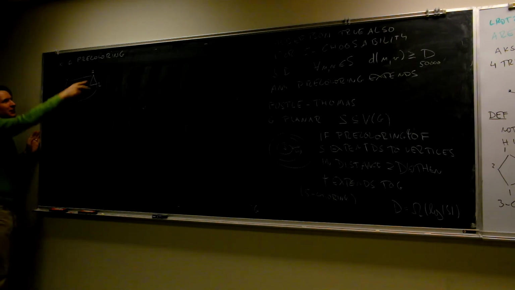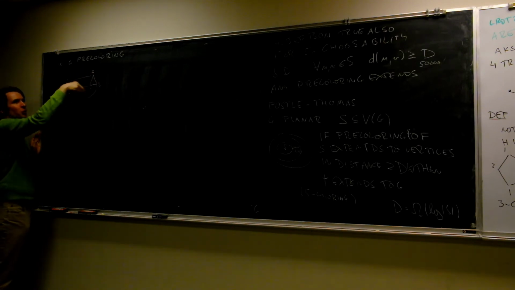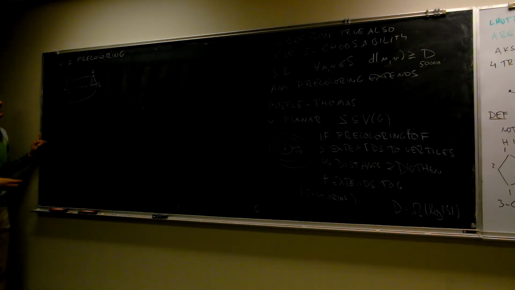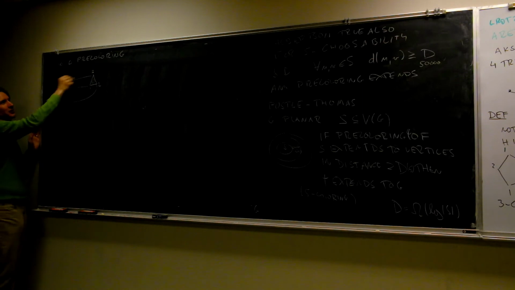And you can notice that it's not a good coloring even if I try to rotate the colors of this triangle. You can accuse me that the triangles are a little bit too close to each other.